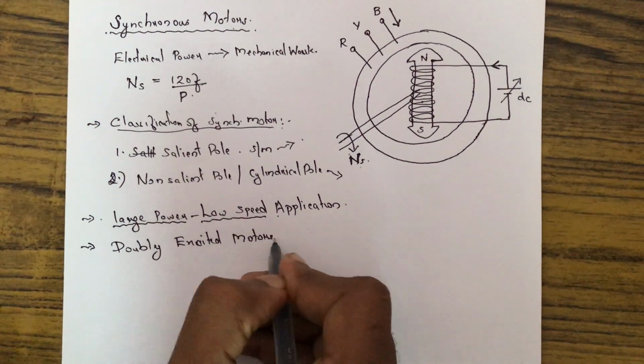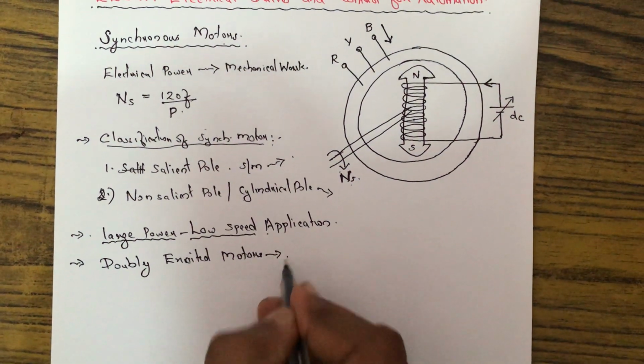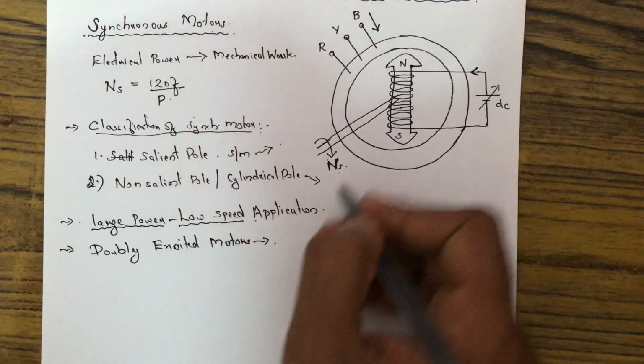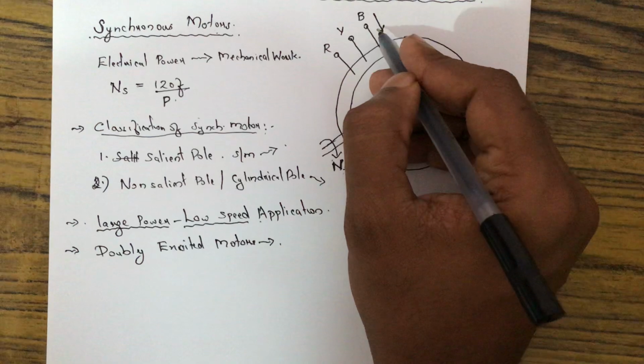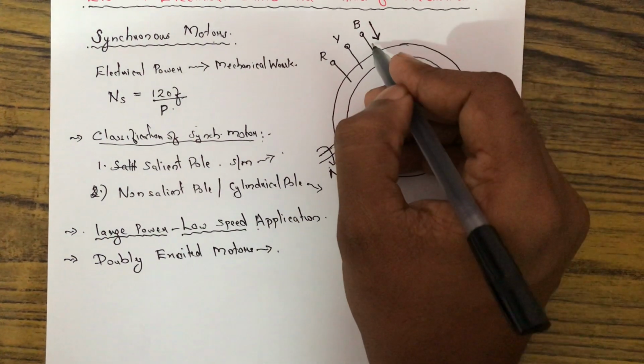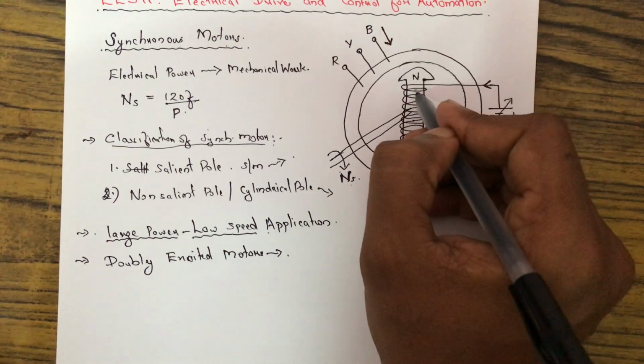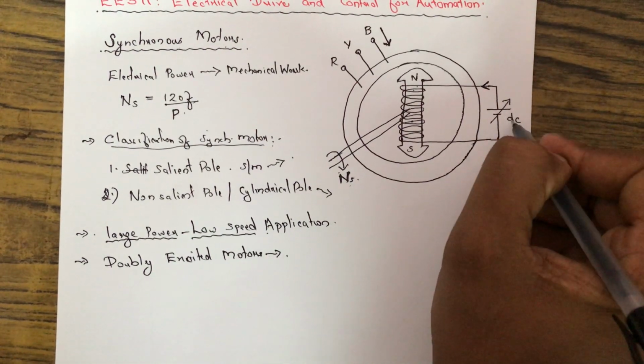Synchronous motors are called doubly excited motors because the synchronous motor stator is excited with AC. We are giving the AC supply, therefore the stator is excited with AC and the rotor is excited with DC.